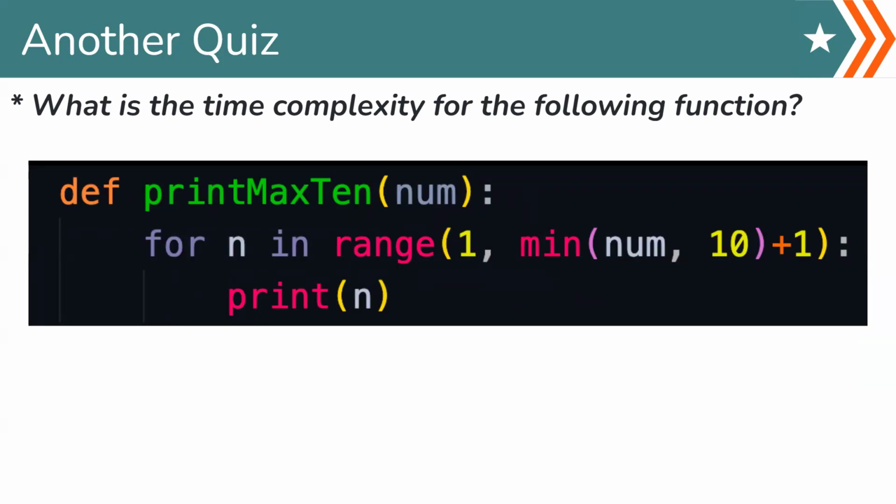What about this one? Still O of n. Why? Because it's just one for loop. The range is more complicated, but that shouldn't change the for loop complexity. It is O of 1.